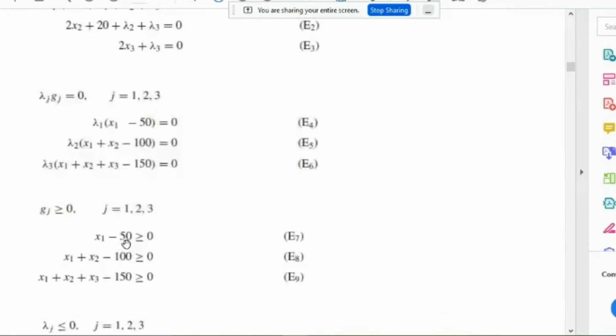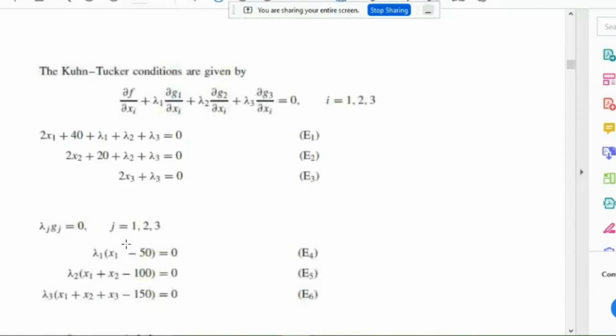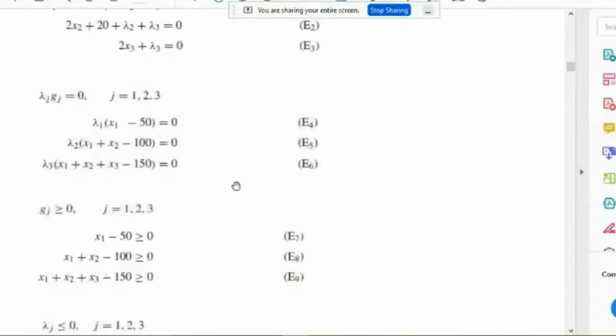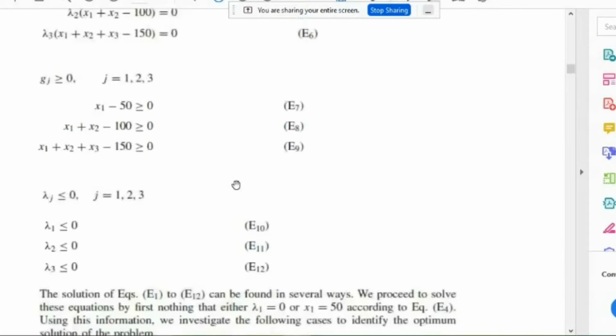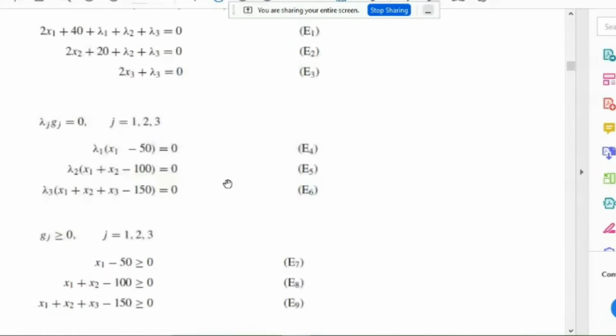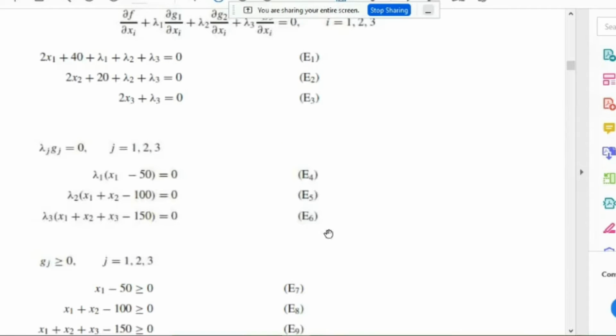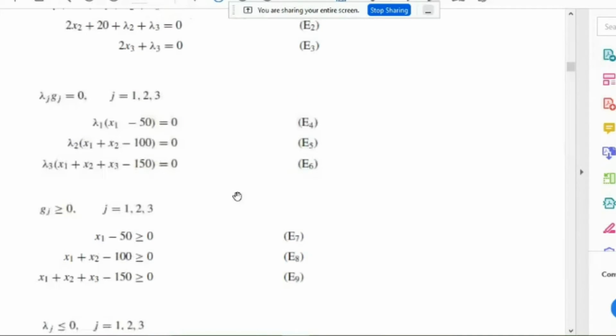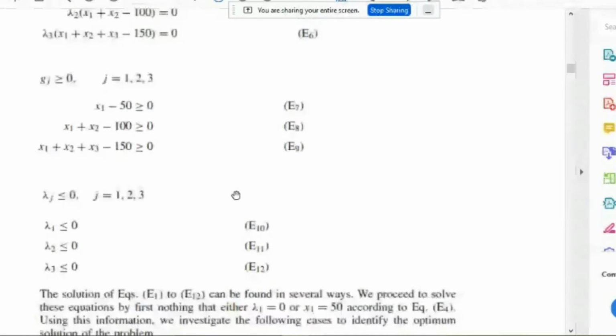So in such a way, with respect to each Tucker condition, 3 expressions are derived, with the help of E1 to E6. With the help of E1 to E6, by trial and error, we can find the solution, and then check whether that solution satisfies all of E7 to E12, right?